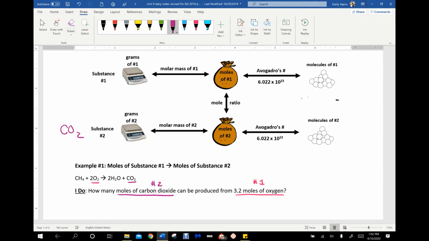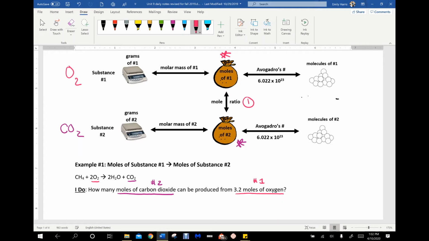I'll write that in on our framework. It tells me I'm starting in moles of oxygen, which puts me right in the middle. Then it tells me I want to end up at moles of carbon dioxide. So this looks to be a one-step problem that just requires the mole ratio, which comes from the coefficients.